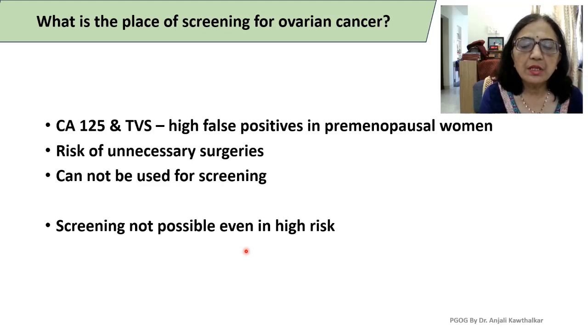If we compare the screening of cervical cancer and ovarian cancer, cervical cancer screening is a big success story. With proper screening, there is a drastic reduction in cervical cancer, but that is not applicable for ovarian cancer. Ovaries are deep rooted in the peritoneum, not accessible for cytology, and early stage disease unfortunately doesn't lead to a rise in CA-125.